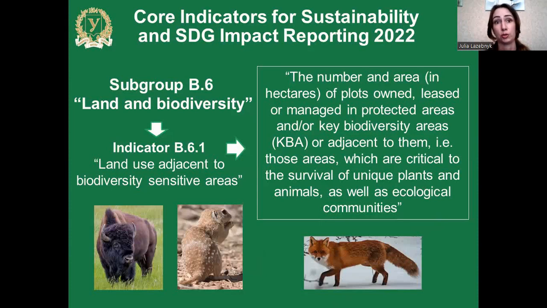In 2022, in the ecology group of indicators of the micro level, subgroup B6, land and biodiversity, was added, which includes indicator B61, lands used near biodiversity sensitive areas. This indicator is defined as you can see in the slide.